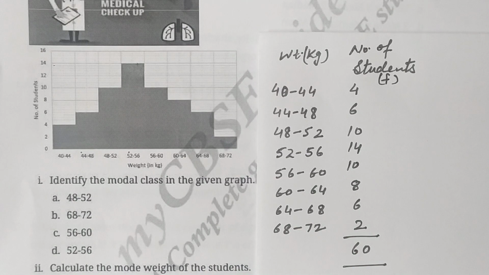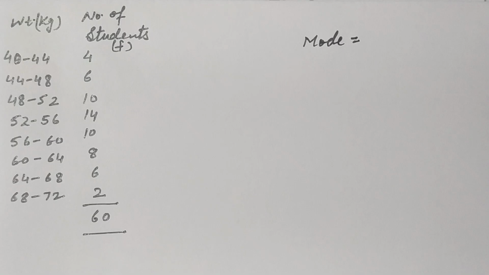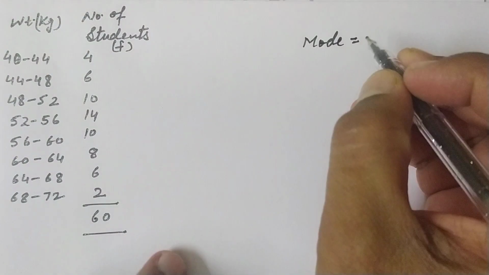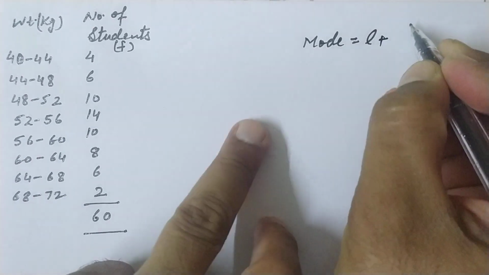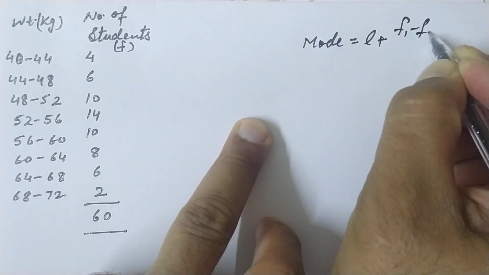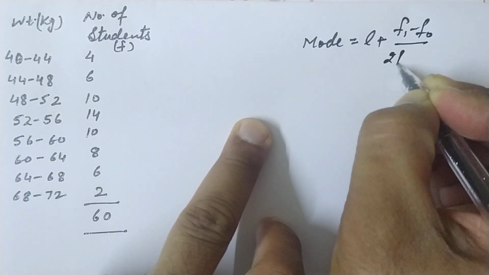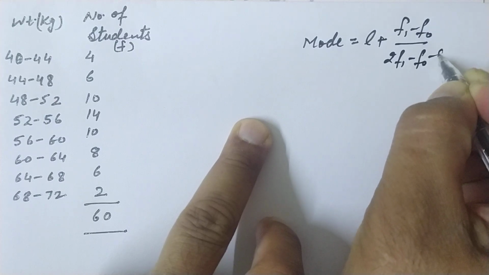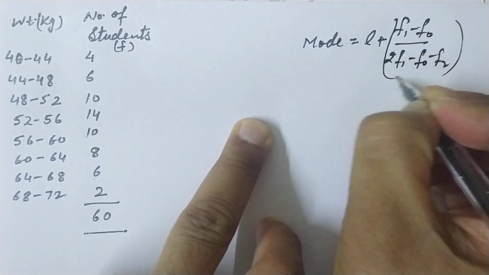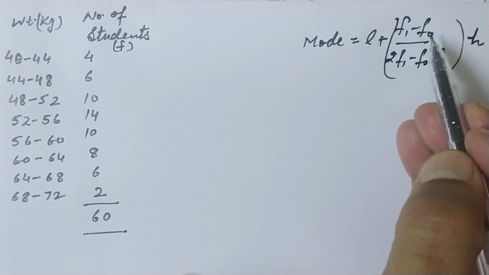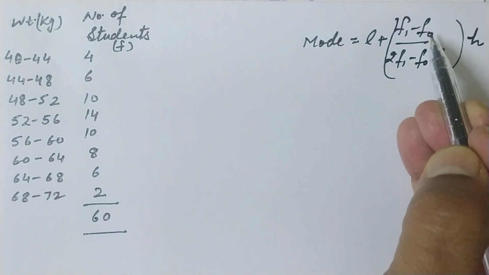So the next question is: calculate the mode weight of the students. For finding the mode, the formula is L plus (F1 minus F0) over (2F1 minus F0 minus F2), into H. We can call this F0 or F naught.